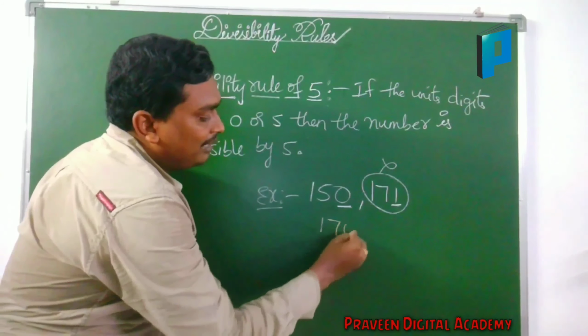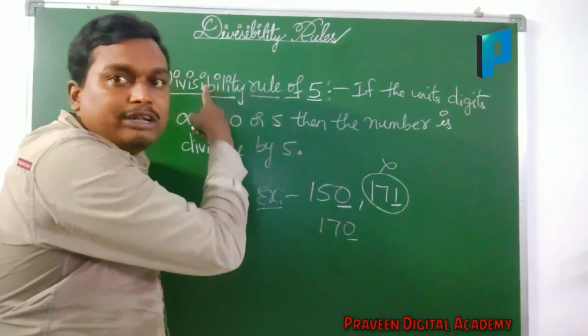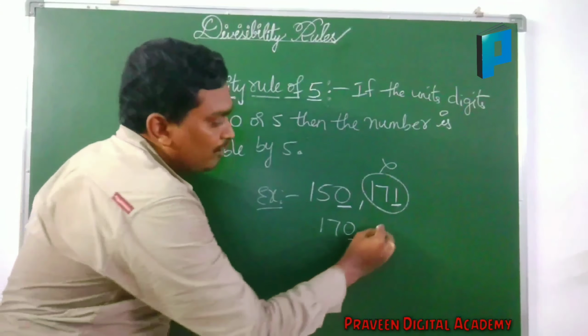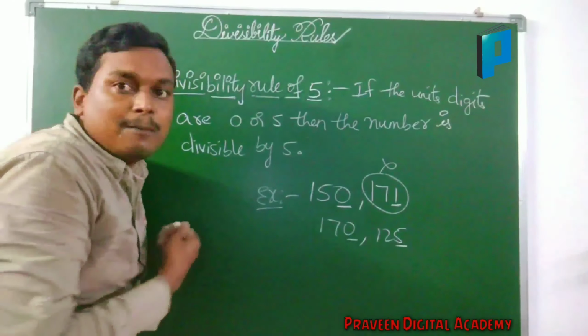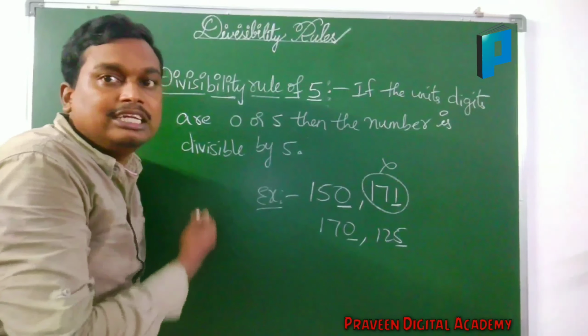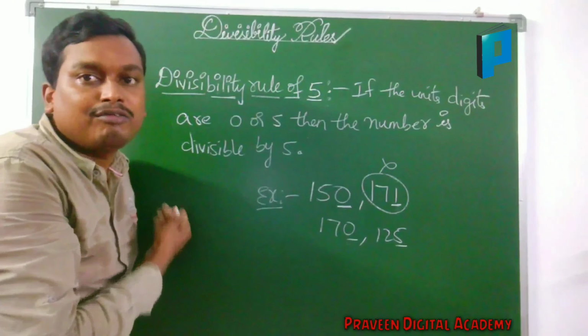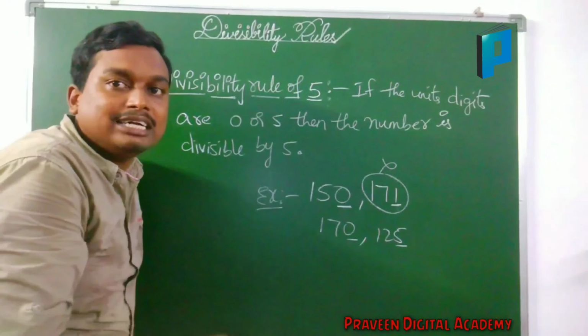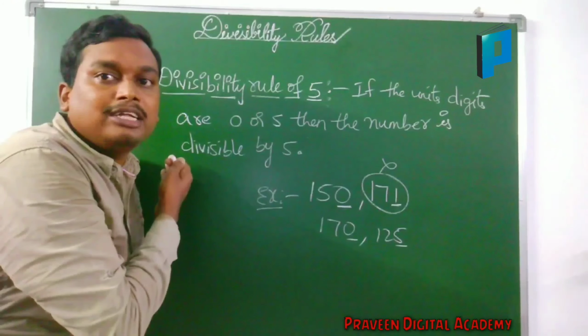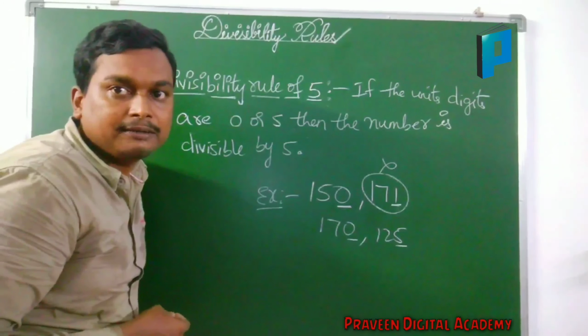If you are having 170, yes, units place is 0, divisible by 5. If you are having 125, units place is 5. So the total number 125 is divisible by 5. You can say, by seeing the units place is 0 or 5, then the total number is divisible by 5. If you are having other than 0 and 5, the number is not divisible by 5.